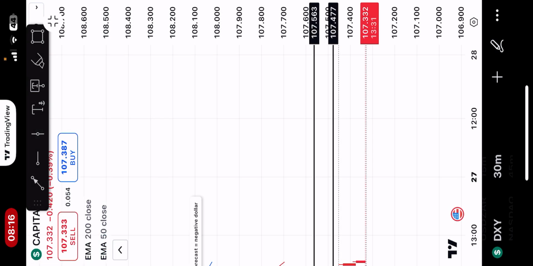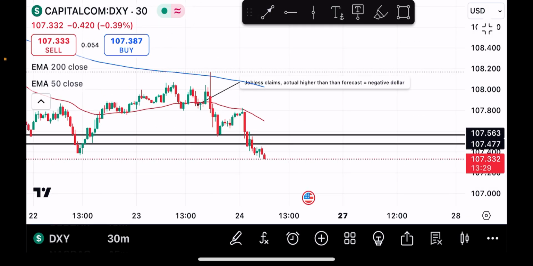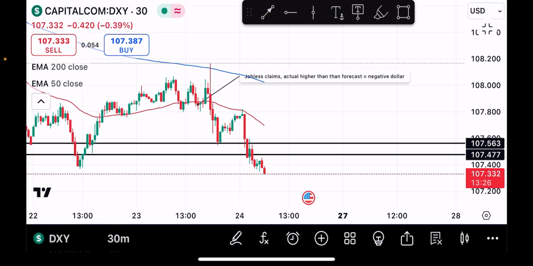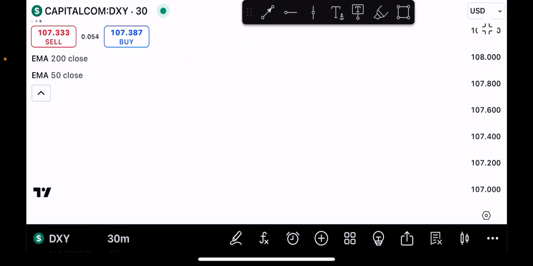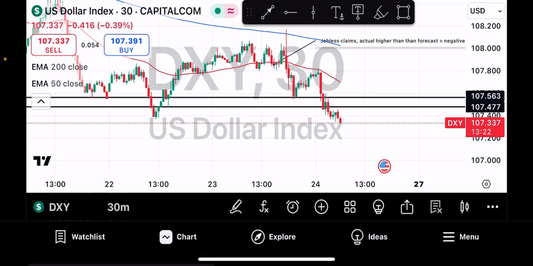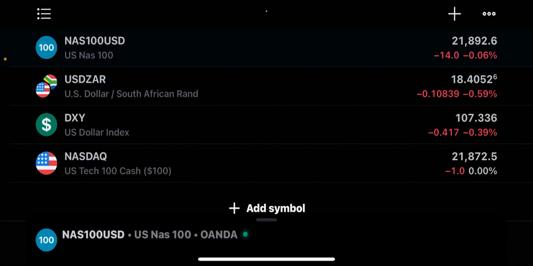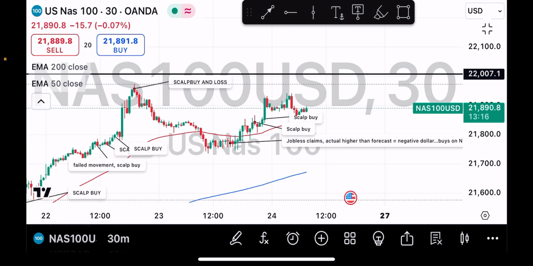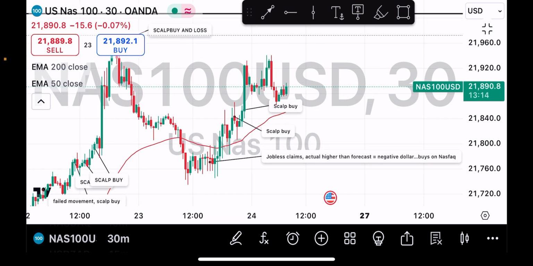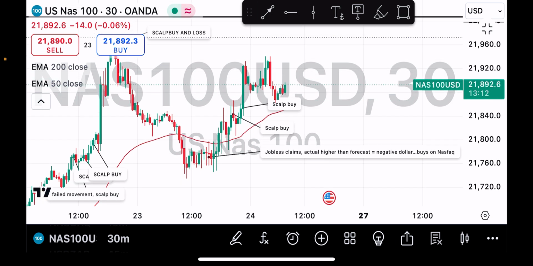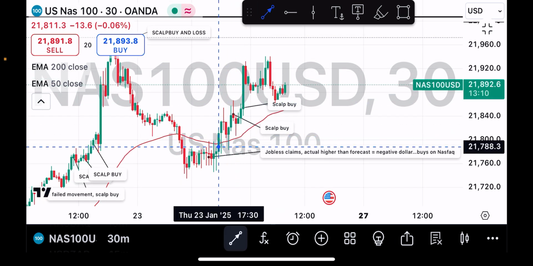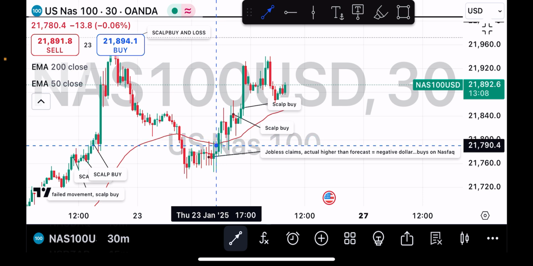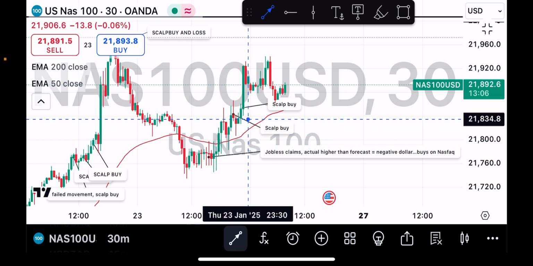Now, how does this affect Nasdaq? We do know that if the dollar is going to drop, somehow Nasdaq is going to buy. You can see that Nasdaq yesterday started taking buys after the jobless claims. The reason why we didn't take these entries is that our top 10 and top 20 companies were not really corresponding.